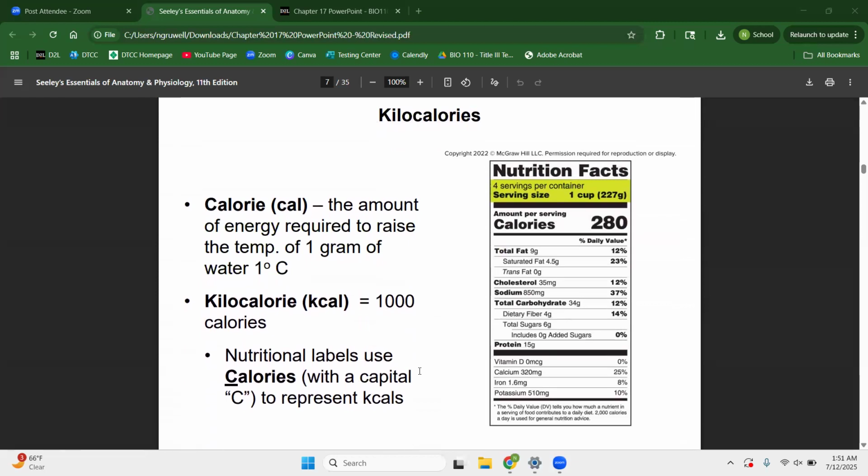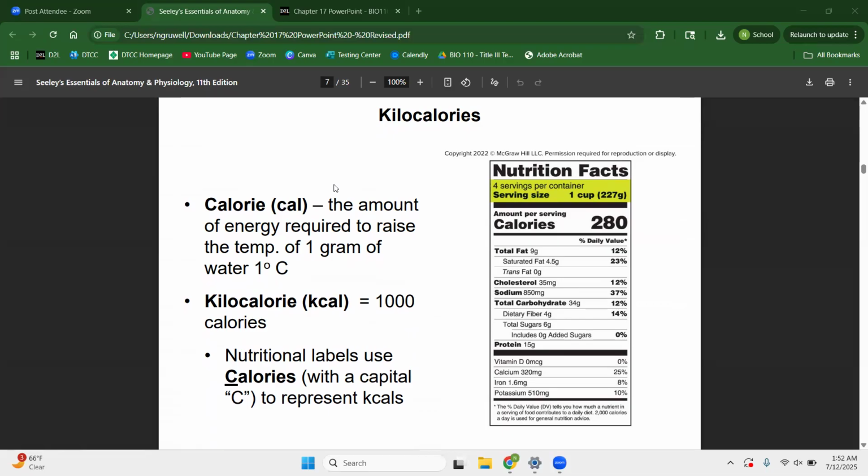All right, this can get a little confusing, so bear with me here and try to follow along. So we have calories, and this is a little c calorie. We'll talk about big C calories in just a second. This first definition is for a little c, a lowercase c calorie.